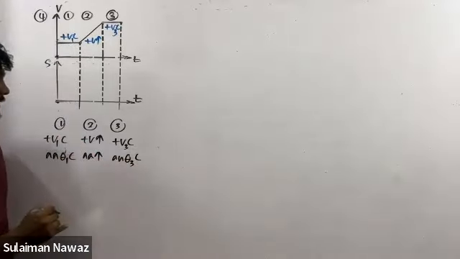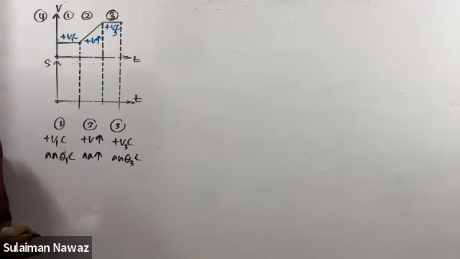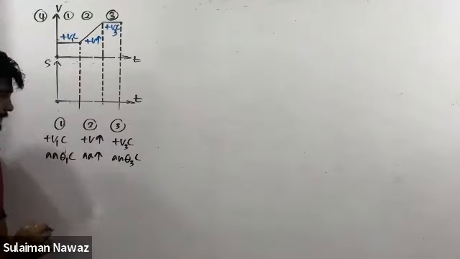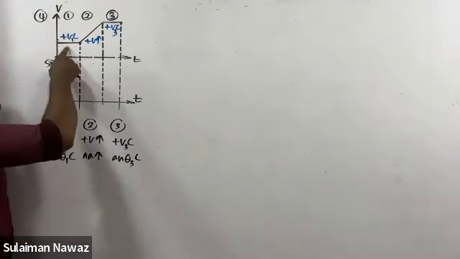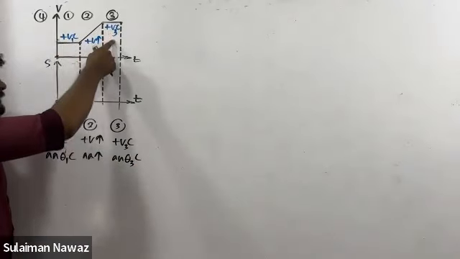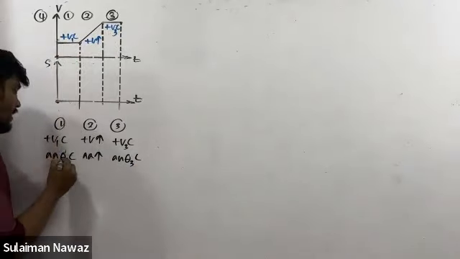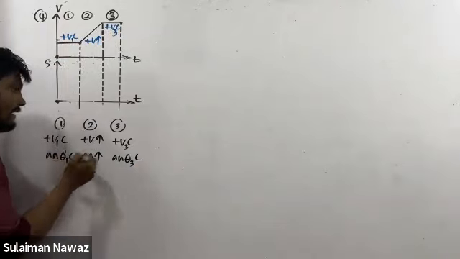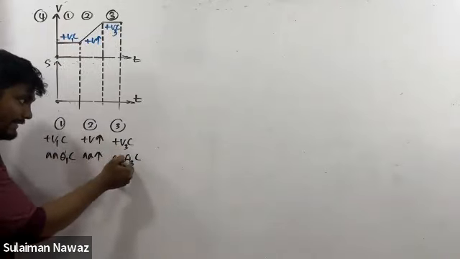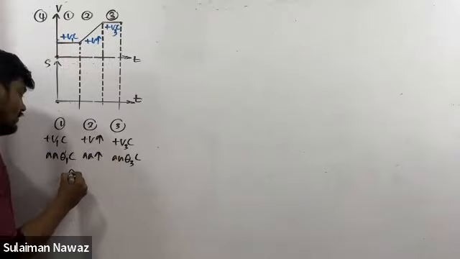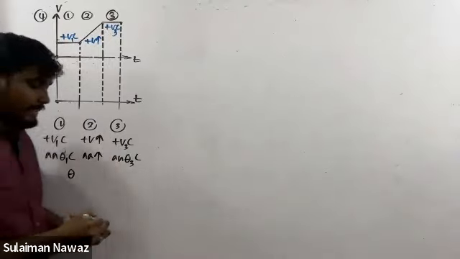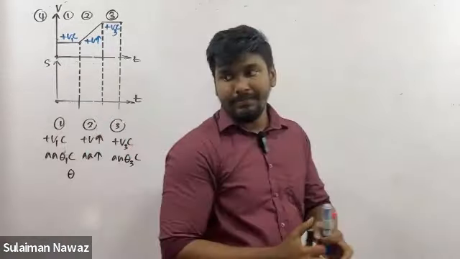Look here. I'll ask a question. Reply in the chat box. Acute angle constant in the first graph, acute angle constant in the third graph. Acute angle in the first graph is theta 1. Acute angle in the third graph is theta 3. Which one is larger? Raise your hands. How many of you say theta 1 is larger than theta 3? Hands up.